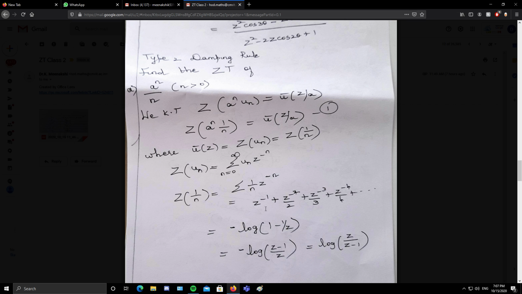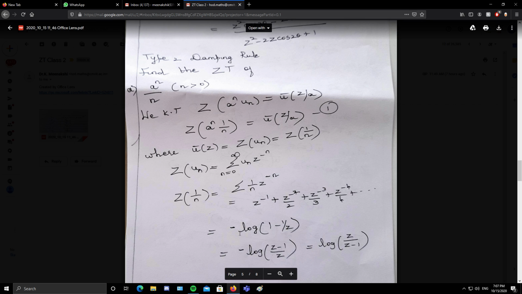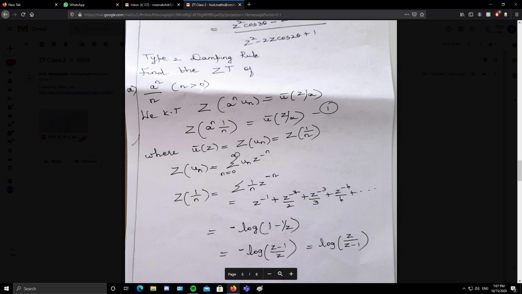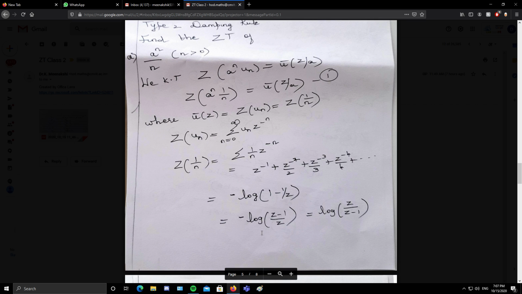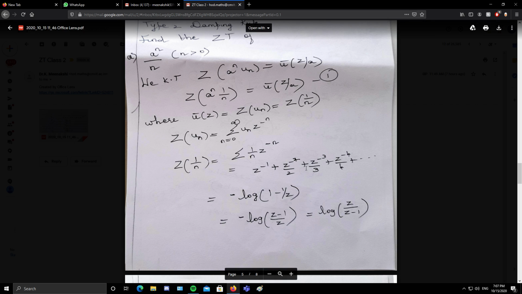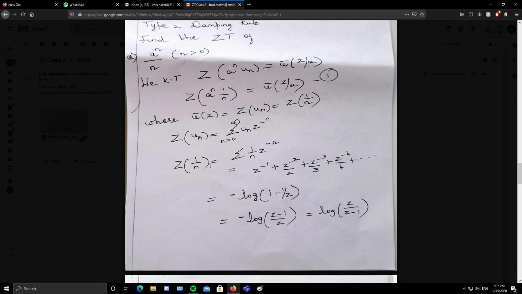This series is same as minus log of 1 minus z inverse, or minus log of 1 minus 1 by z, or minus log of z minus 1 by z, or log of z by z minus 1.